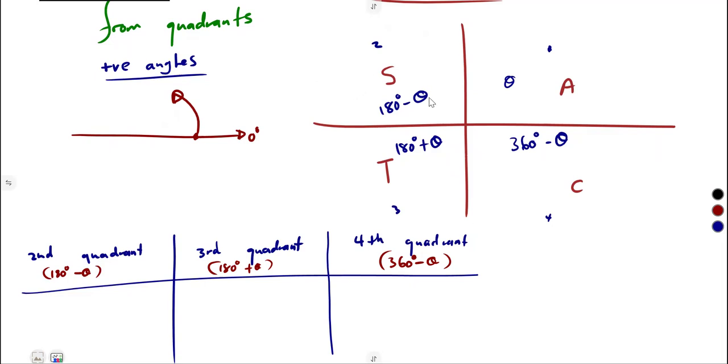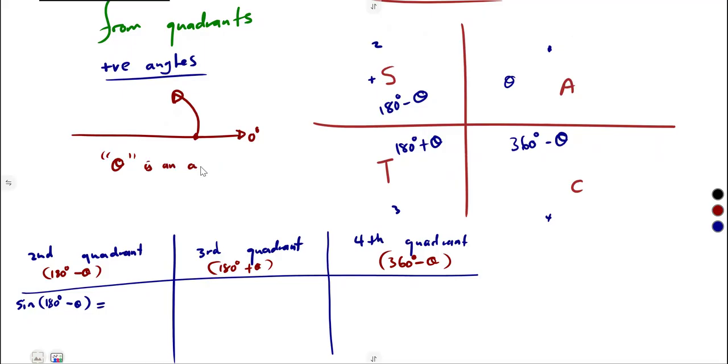In the second quadrant, this is the quadrant of sine. Sine is positive there. So the sine of 180 degrees minus theta can be written, remember, theta is an acute angle.